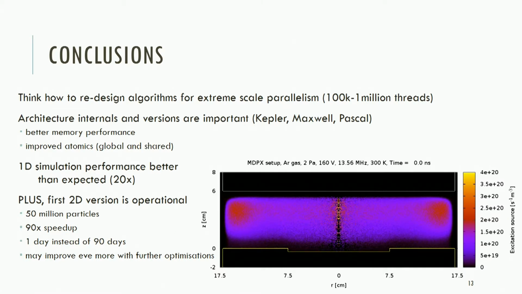But the final sentence is that while we were doing the one-dimensional simulation, a 2-dimensional version was also produced, which was not planned really, but sort of as a side effect just happened to be written, which is a very good result.